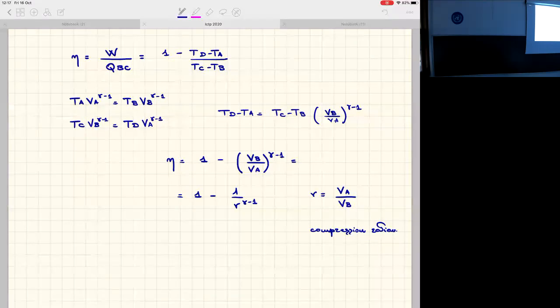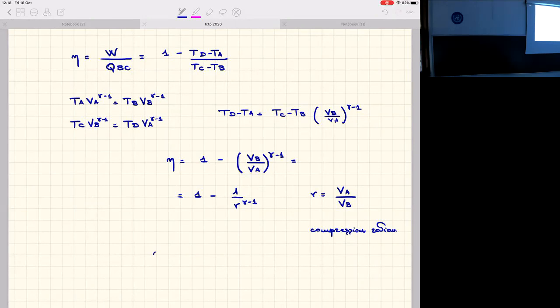You could think of doing that. It's not so practical, but in practice, the compression ratio for an average car is about 8. And the gamma for a mixture of gasoline and air turns out to be about 1.4.